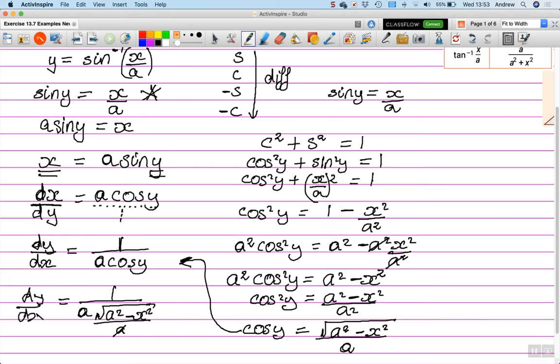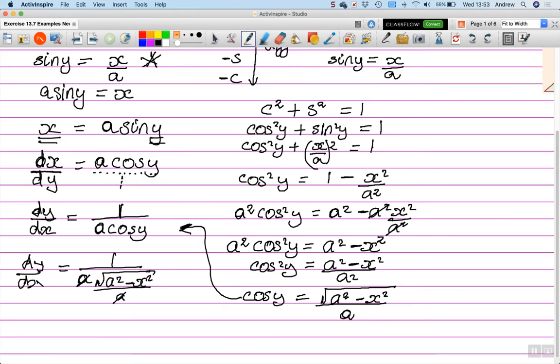The a's are going to cancel, and then we're going to end up with dy dx is equal to 1 over the square root of a squared minus x squared.